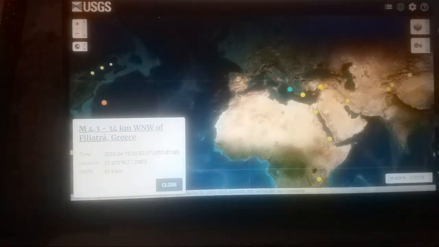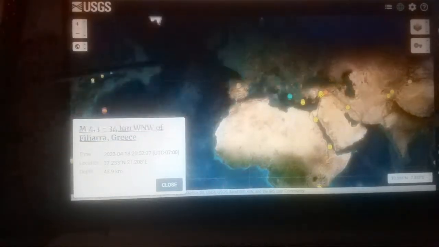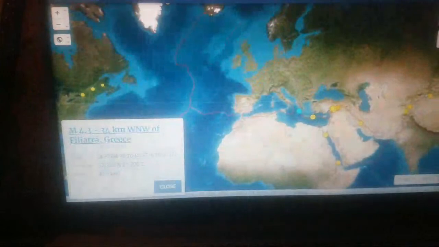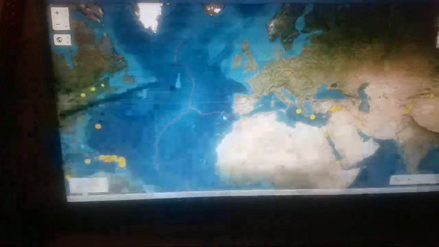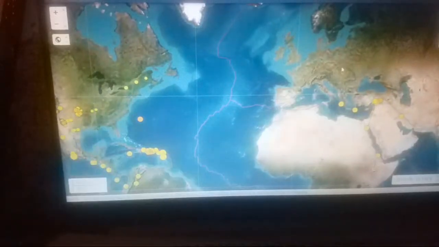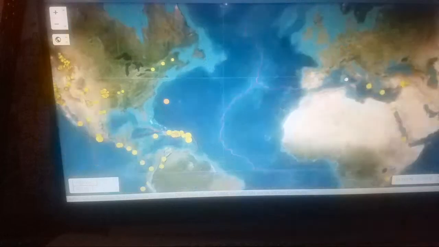This place right here, after this line, is awful quiet as far as earthquake activity. This pressure coming in here needs to jump over to the mid-Atlantic ridge, okay? And it's not making it past this point. So there's pent-up energy here in Italy. So watch for Stromboli and the volcanoes there in Italy.